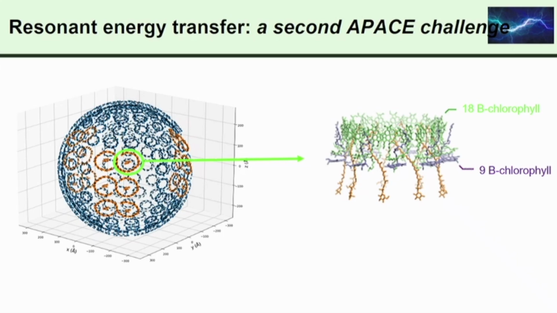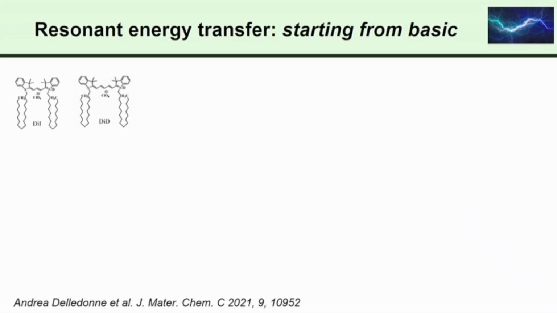So I will discuss now resonant energy transfer, also called sometimes Forster energy transfer, starting from scratch, from very basic things. So I'm sorry for the experts in the audience, but okay, I will concentrate on these 2 molecules. We have already seen that when we were discussing aggregates. You know, when we buy a couple of molecules, then we want to do everything with the same species. And what we have done with these molecules, I put a color code just to make it easy.